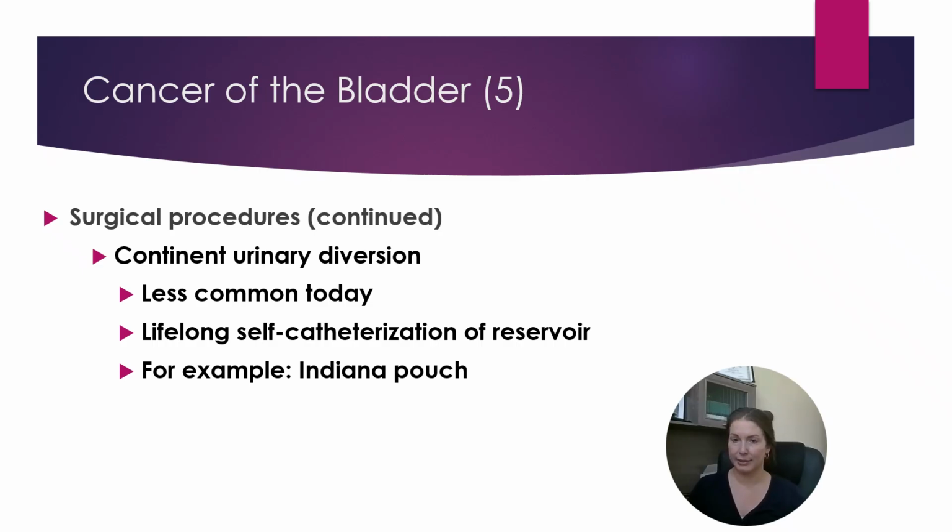So you want this with somebody that has the hand dexterity and the mobility to take care of it. And it helps with body image because there will be no external stoma or ostomy appliance required. Okay, so this is preferred if you have the right patient.